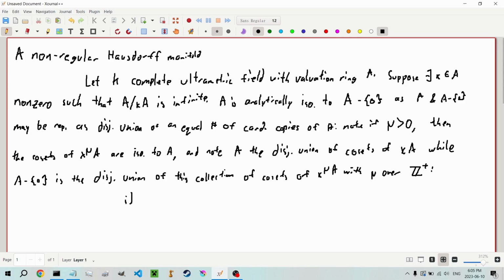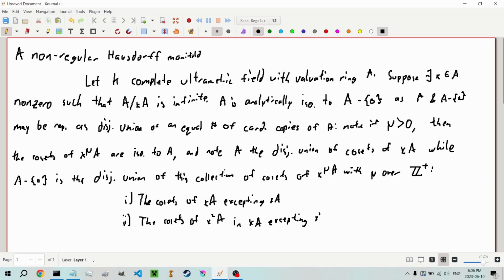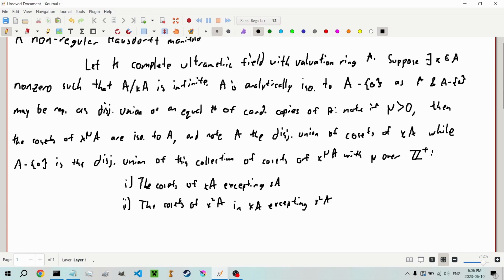First off, we have the cosets of x times a, excepting x times a. We have the cosets of x squared a in xa, excepting x squared a, and so on.